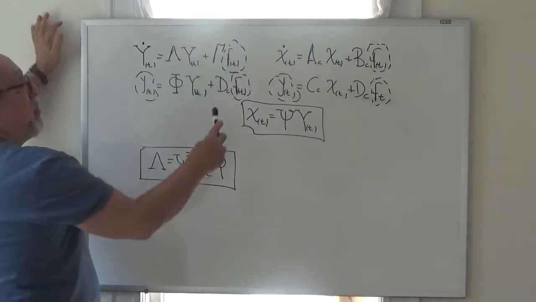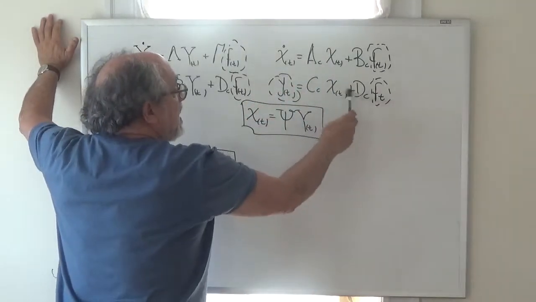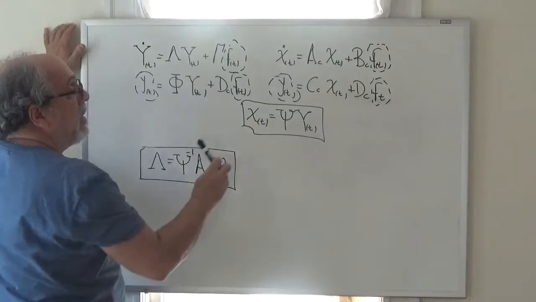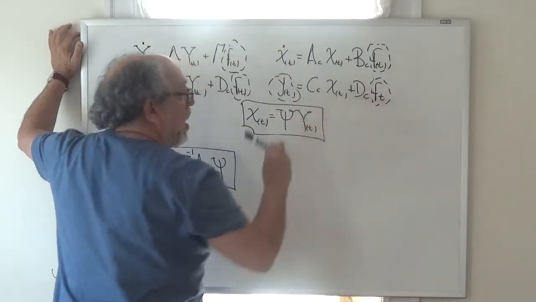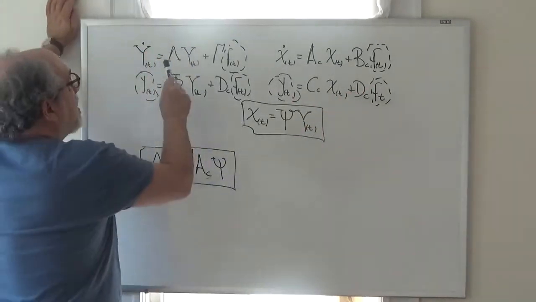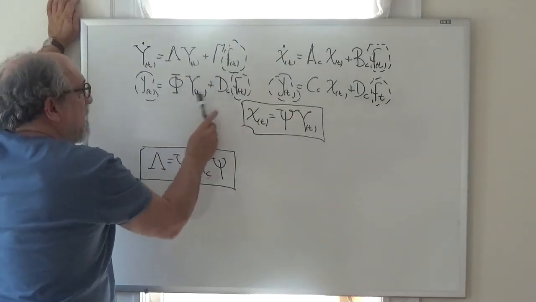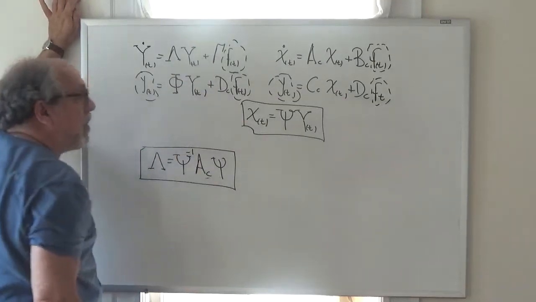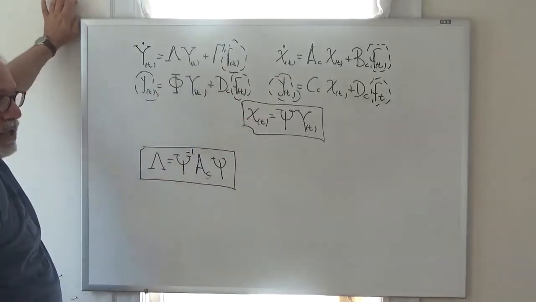Because the matrices AC, BC, CC, and DC provide a map between the input and the output, and the matrices lambda, tau, phi, and DC provide the same map between the input and the output.